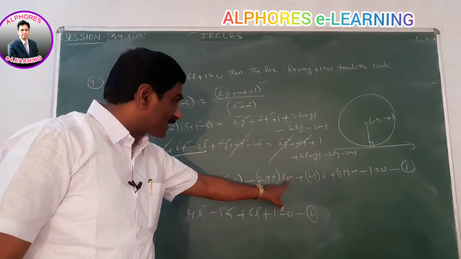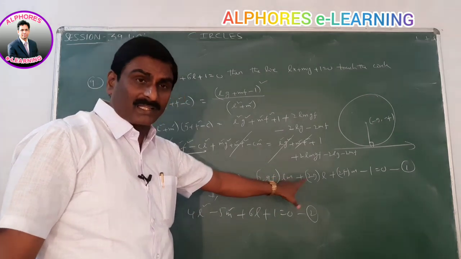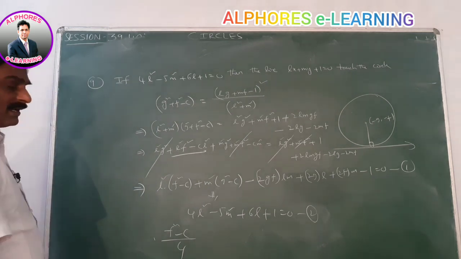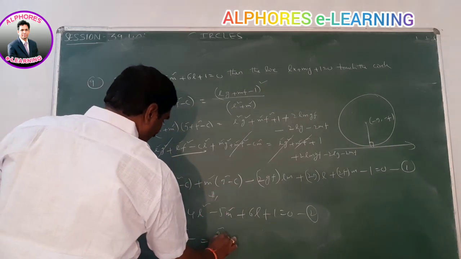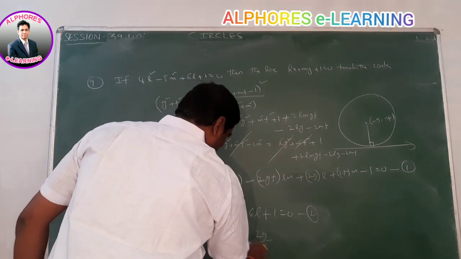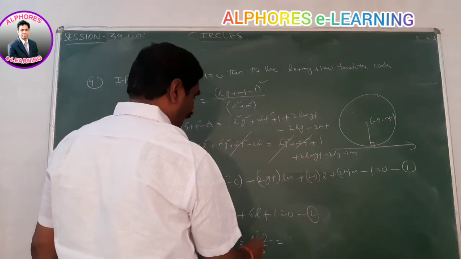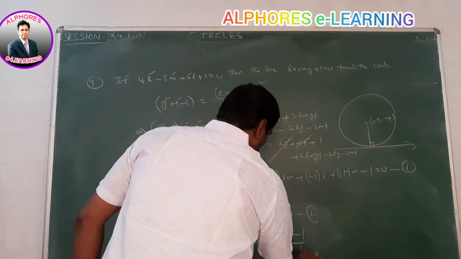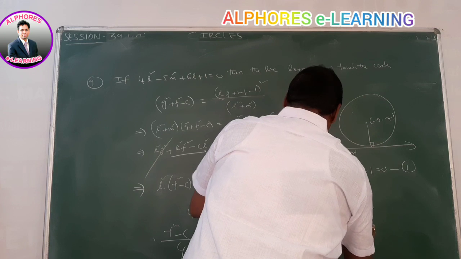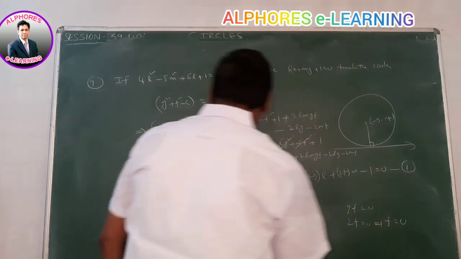But the LM coefficient is 0, that means 2gf = 0. Comparing the values: (f² − c)/4 = (g² − c)/(−5) = 2g/6, and the M coefficient 2f/0 means 0, and the constant term is −1/1. The term LM is eliminated, so gf = 0, and the M coefficient is also 0, so 2f = 0. By using this, we get f = 0.